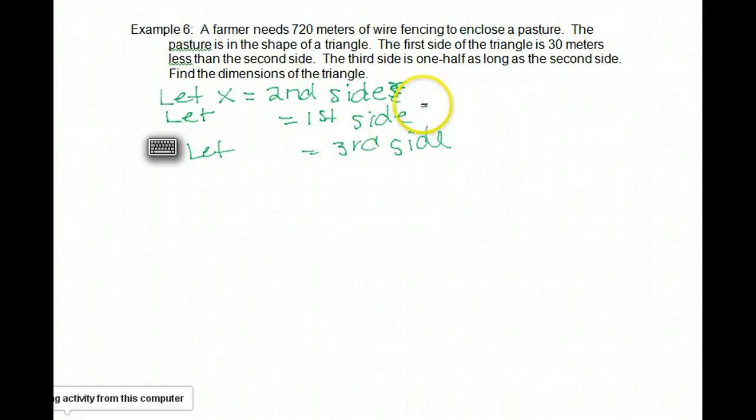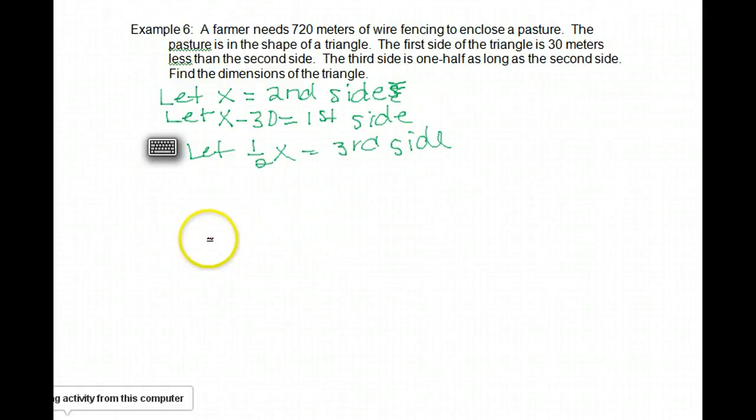So back to the problem, it says that the first side is 30 less than the second side. So we can write x minus 30. And the third side is 1/2 as long. So 1/2 of x would look like that.